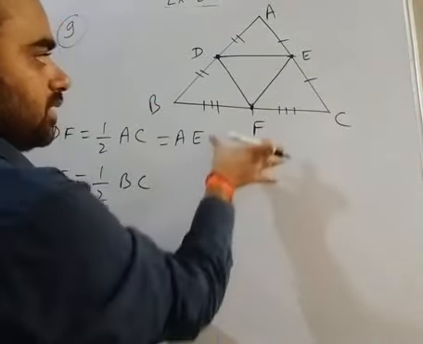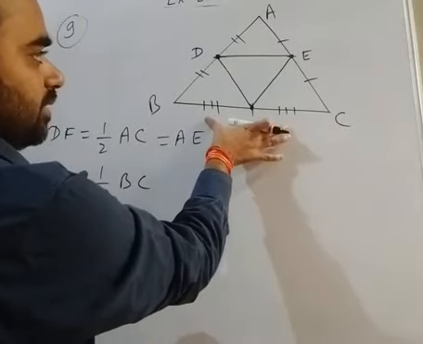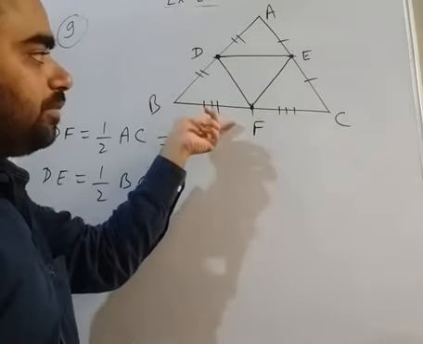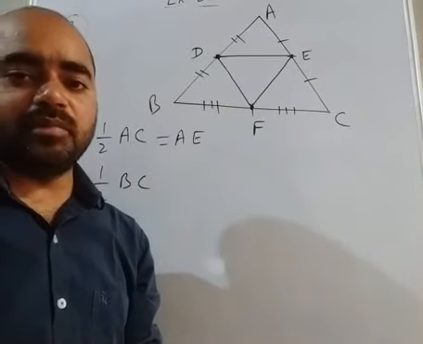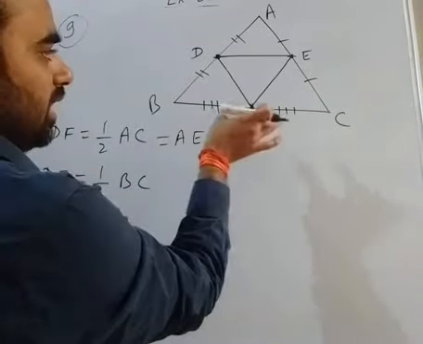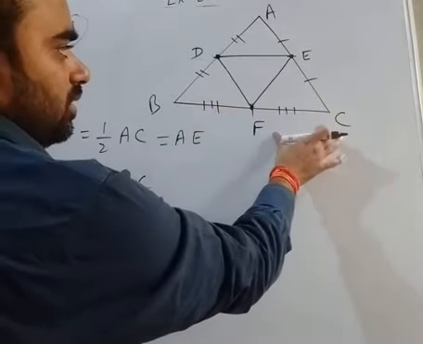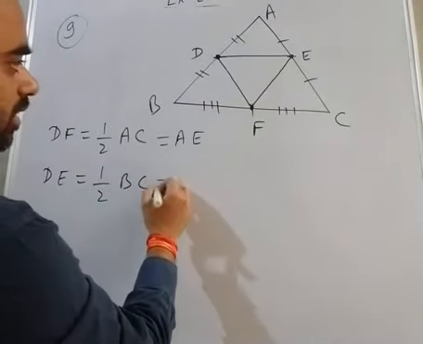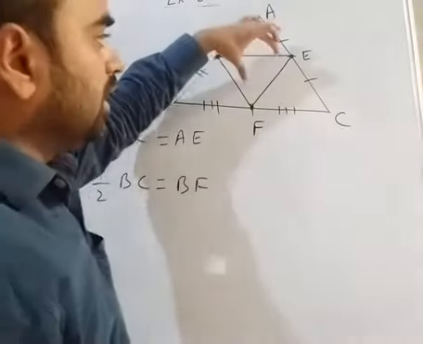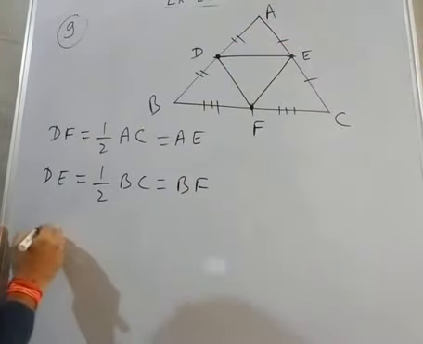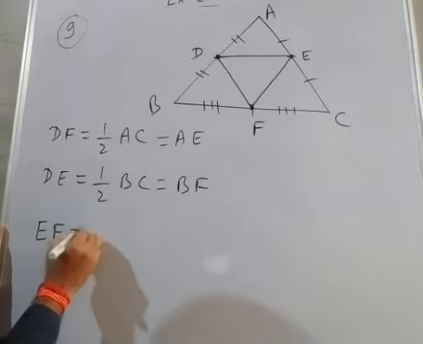Any one thing you can write, BF or FC, correct? And last one, EF is equal to half of AB.